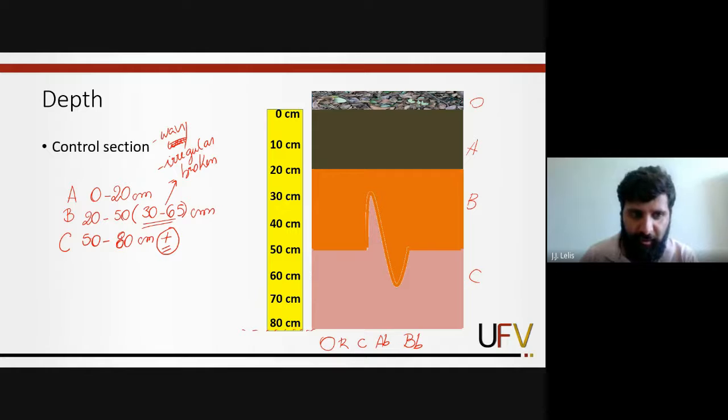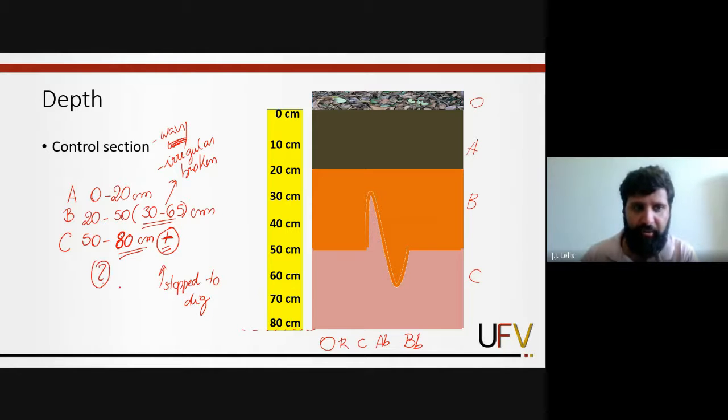Okay, I have 80 centimeters, and I need to insert the symbol that indicates that I stopped digging at this depth.